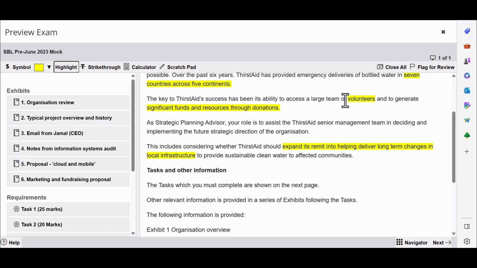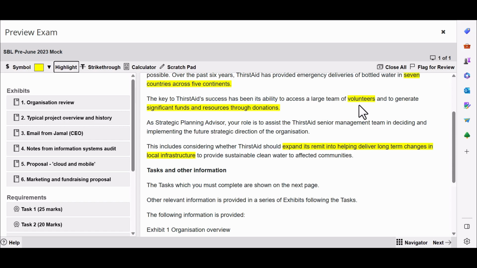So they're a very important stakeholder in a not-for-profit organization, and we need to make sure we look after them because we need them. We usually, as a not-for-profit, don't have sufficient funds to have only employees working for us. We can't afford to pay them. So they have been successful because they have a large team of volunteers and they're free, so it helps with your bottom line, if you like.